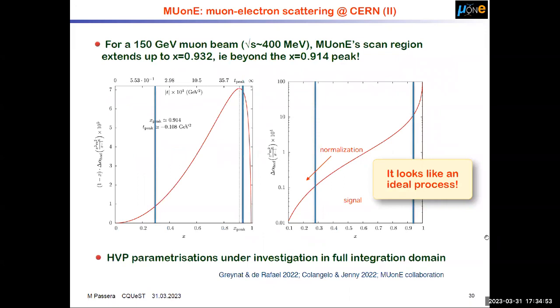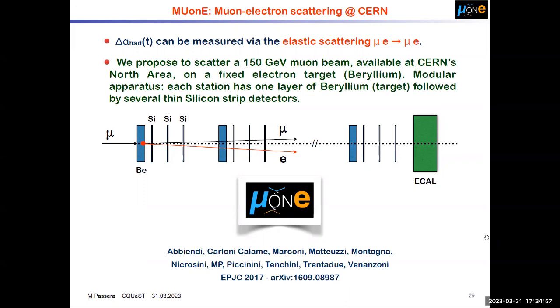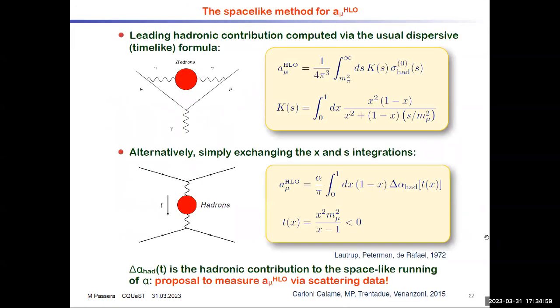Is it the right energy? Yes, it's the right energy because, let me go back to this integral here. This is an integral that we have to do: the integral over this variable x of 1 minus x times the function that we have to measure. Let me show you this integrand, the product of these two.